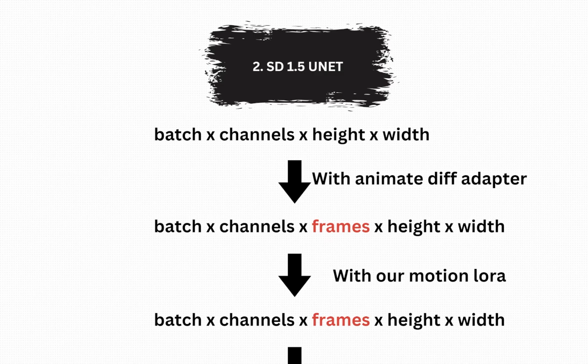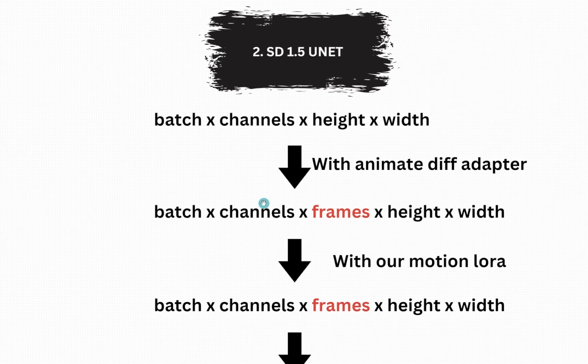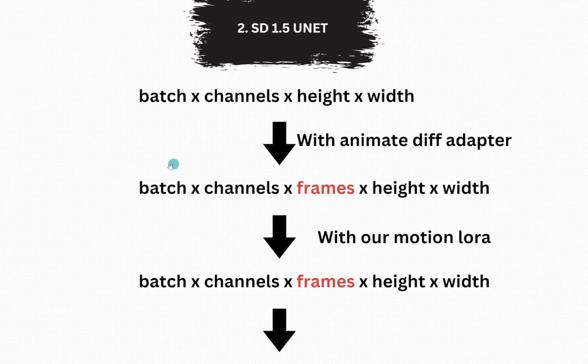The Stable Diffusion UNet actually receives data that's in the shape of batch size times channels times height times width. And with the AnimateDiff adapter, this progressively changes to batch size times channels times frames, so the concept of time is added, times height times width.